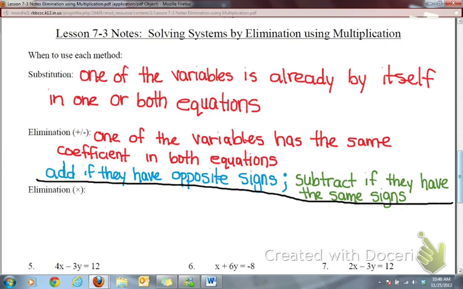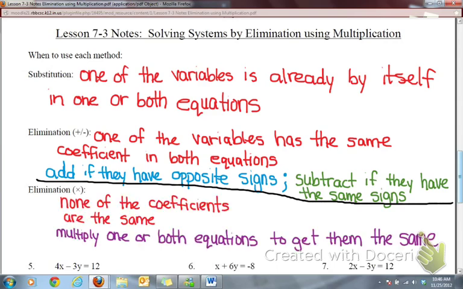But if the coefficients have the same signs, then we subtract the equations. And then we have to be really careful with our signs there and be careful with that subtracting. And elimination using multiplication is what we just did on the first part of these notes for today. And that was when none of the coefficients are the same. So we had to multiply one or both equations to get those coefficients to be the same.